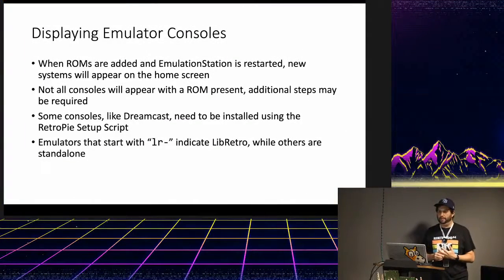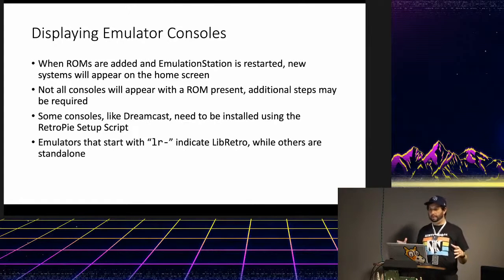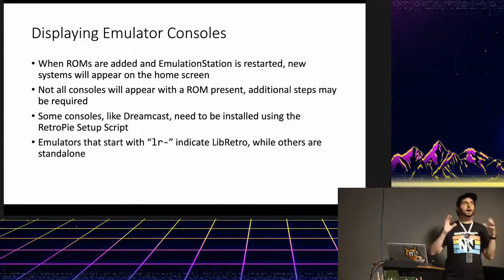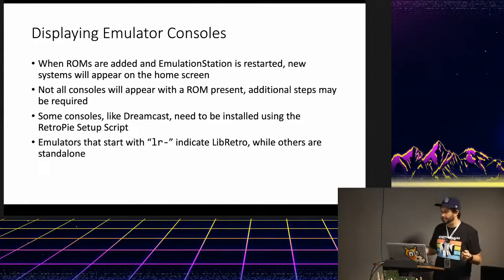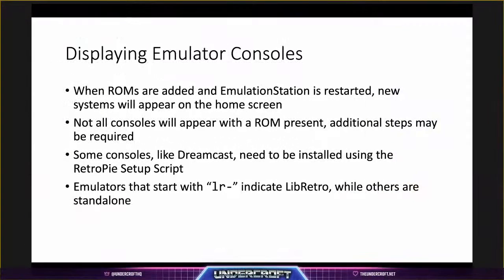Okay. So let's talk about displaying the emulator console. I mentioned when ROMs are added, they'll start to appear. And here's the thing I mentioned earlier also, is that not all consoles appear either. Dreamcast is a great example of one of them, where you may have a Dreamcast game, but it still doesn't show up on your home screen.